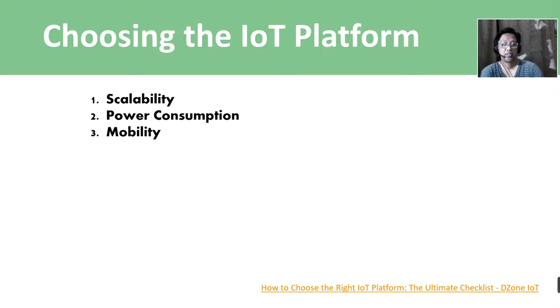Is your application something that's highly mobile? And how would you want your application to be secured? Is it okay to compromise a bit of security? Is your application involving personal information?